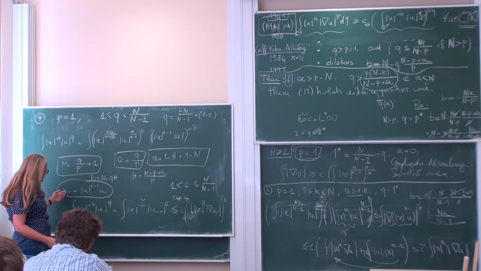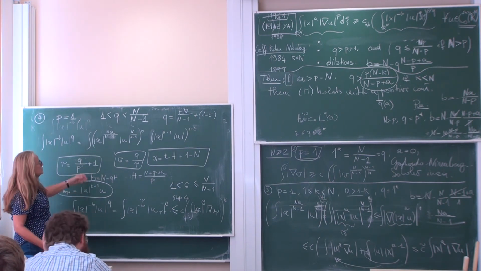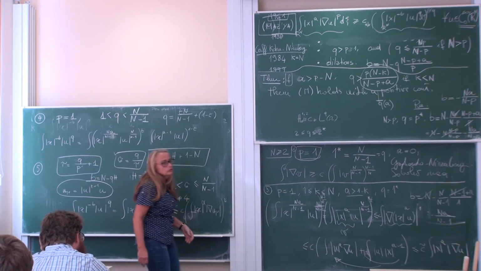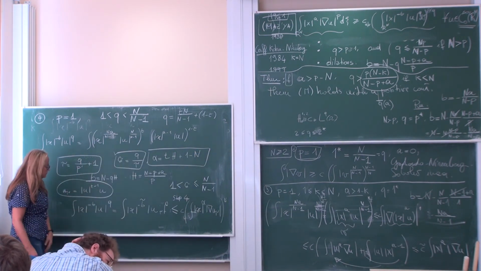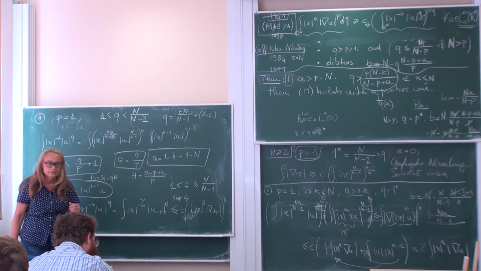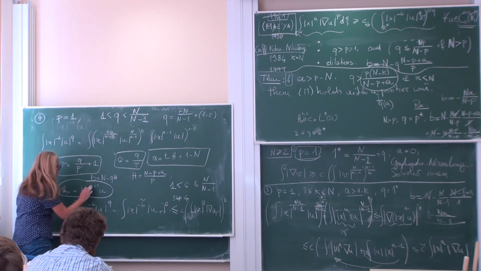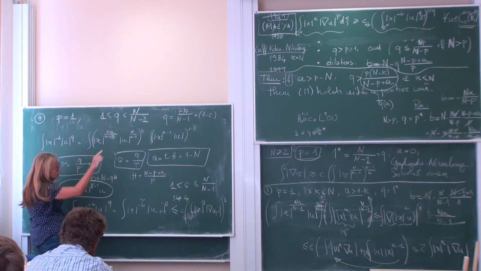Then use the standard trick: apply what we have proved for p equals 1, not to u, but to some power of u, tau. Tau, sorry, that's tau, not tutti.